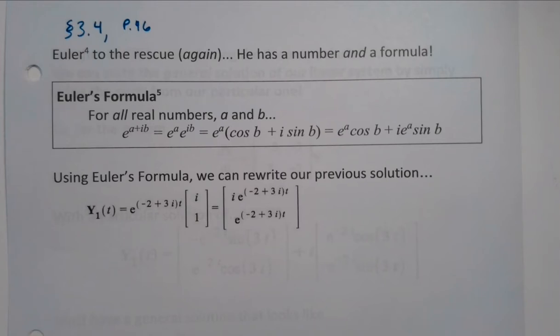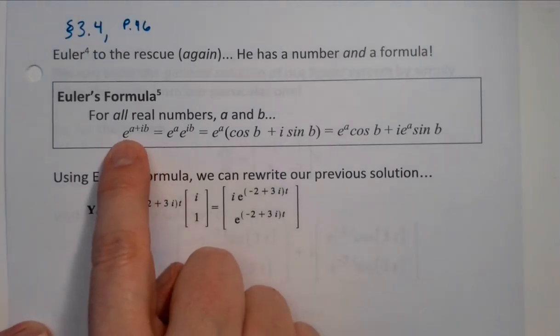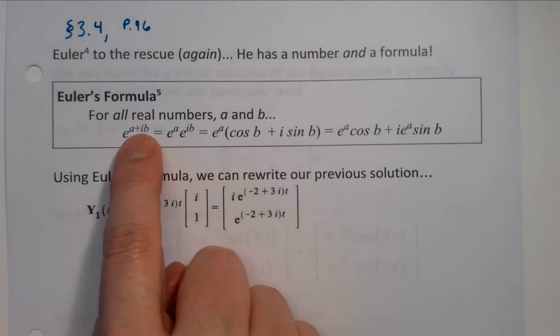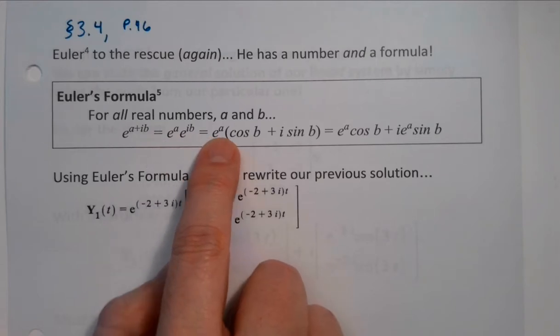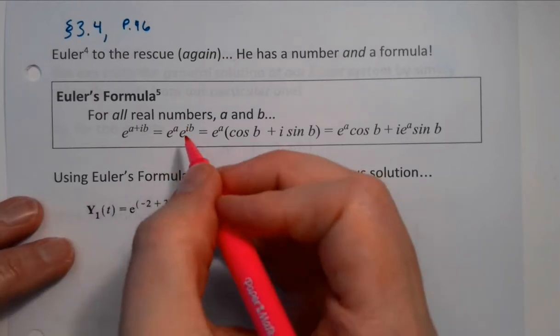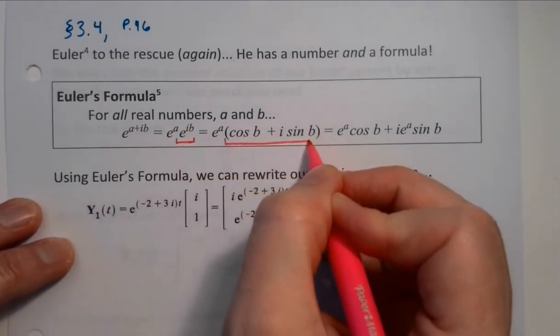It has a bunch of different variations, but it basically says if you have e, the natural base, to the complex number a plus ib, you can use the properties of exponents to rewrite it as e to the a times e to the ib, and then this part can be rewritten as this.